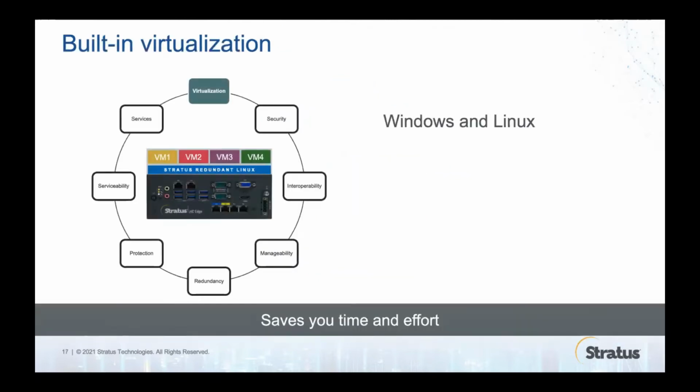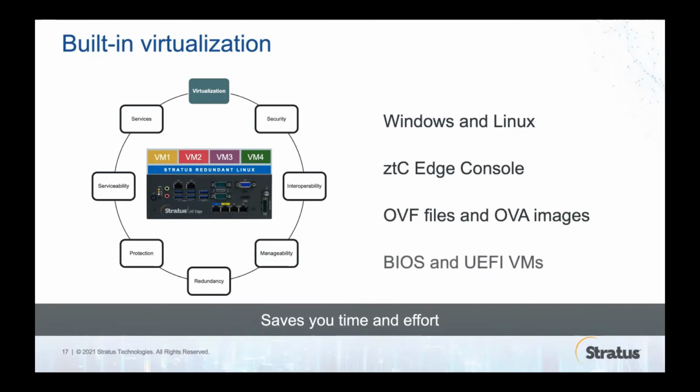So first of all, built-in virtualization. The ztC consists of a built-in virtualized platform, so no need to actually purchase a virtualization license like VMware or Microsoft Hyper-V or even Linux for that matter.